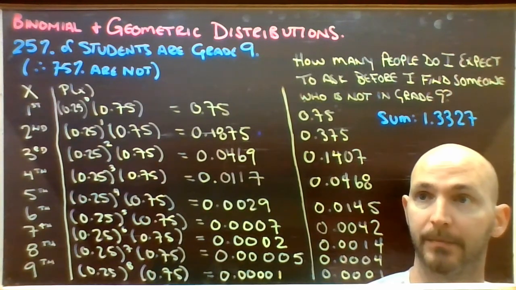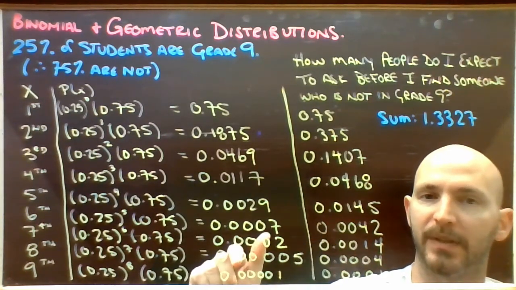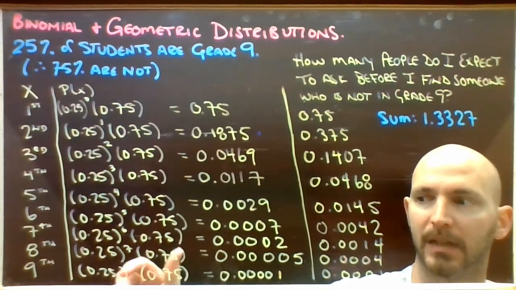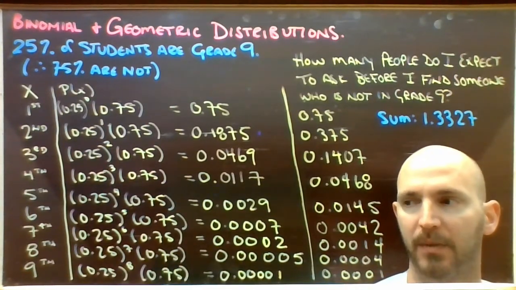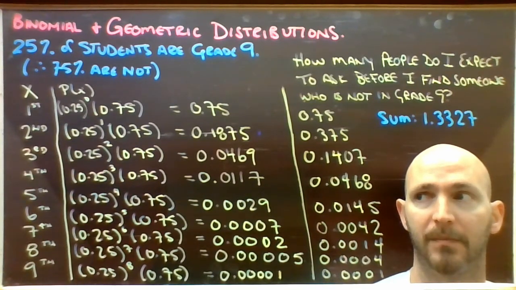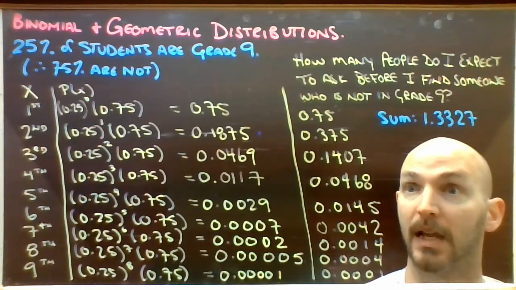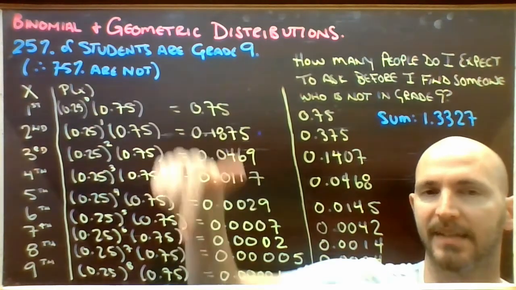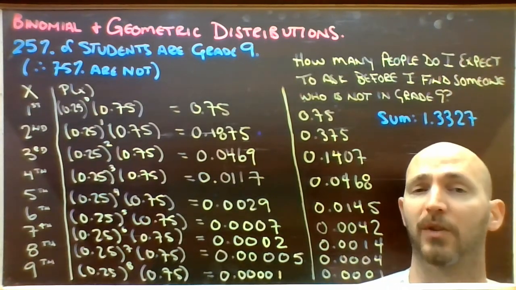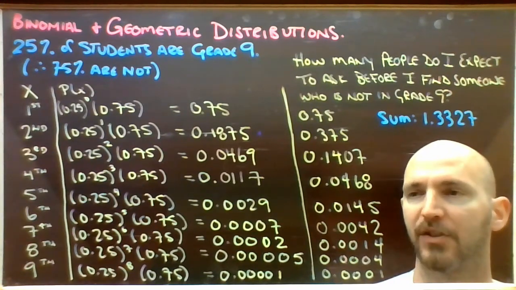All right. Now you might have noticed that this chart isn't done. I mean, it is technically possible that you could find 9 grade 9s and then the person you're after, or 10 grade 9s, or 11, or 12. Technically, this list goes forever. Now, if you're in the cafeteria at your particular high school, eventually you run out of grade 9s, and that is a limitation of the model.